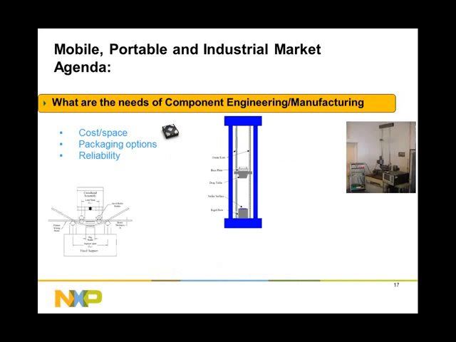Reliability is very important. We've done extensive testing on bending the boards, drop tests, and vibration studies. Quality, of course, that's a given. You need to have very high quality, something in the range of 150, 200 parts per billion. Also, multi-sourcing, dual sourcing, reliability of supply is very important.